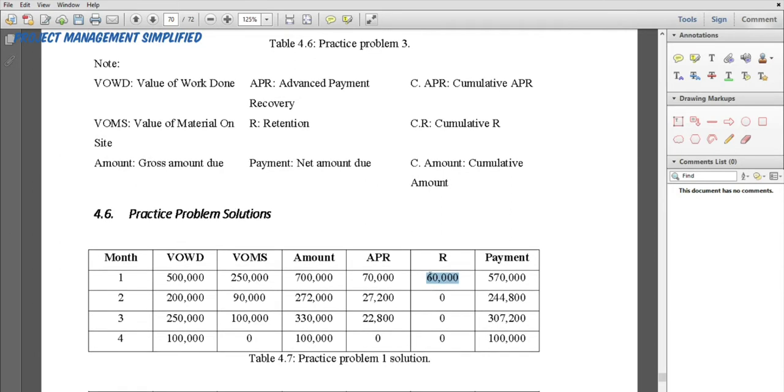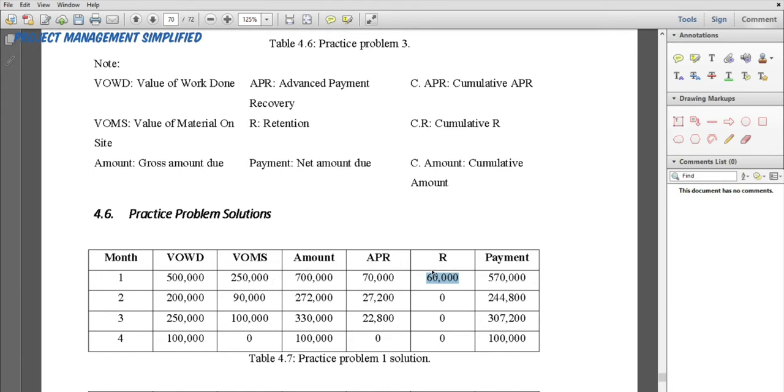But why do we have 60,000 here? Because we said that it shouldn't exceed 5% of the total contract amount. If you multiply 10% by 700,000, we get 70,000.